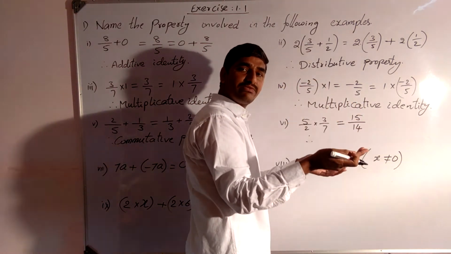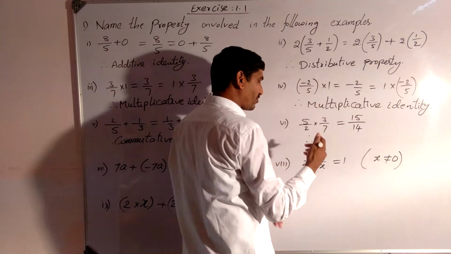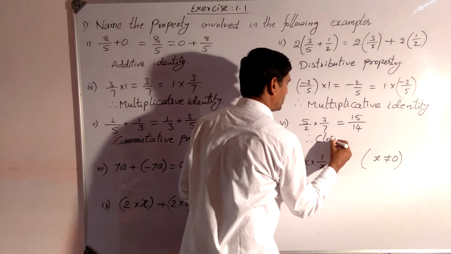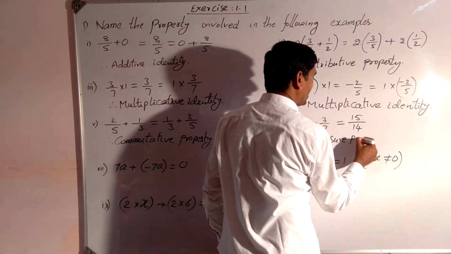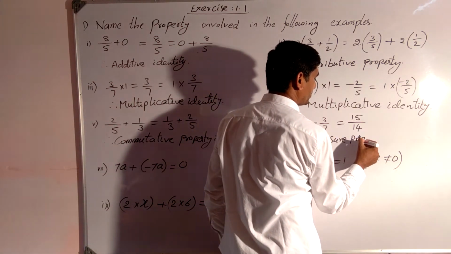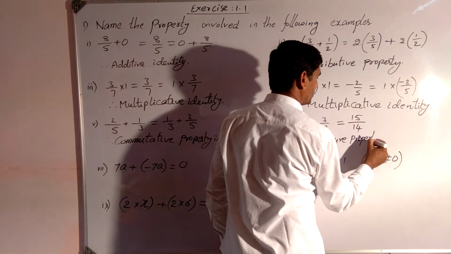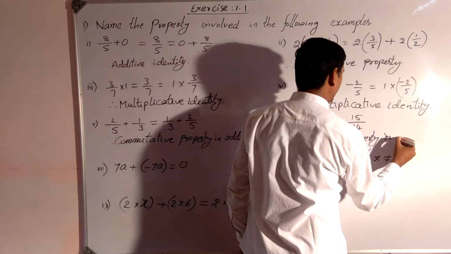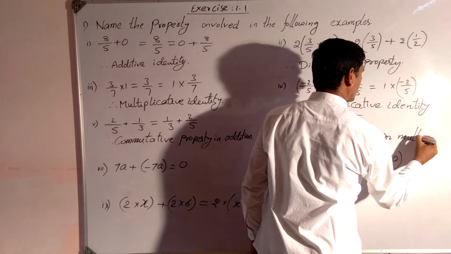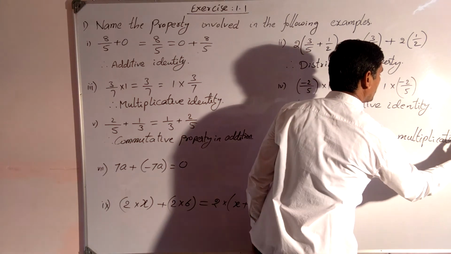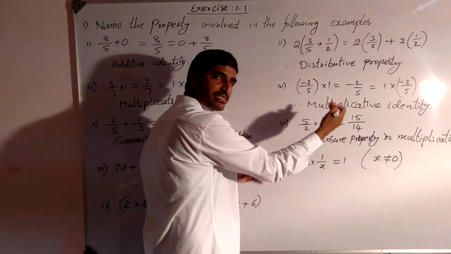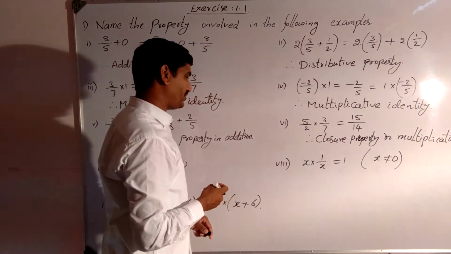Whenever the answer is given, that is closure property. Under multiplication, closure property in multiplication. Here the answer is there, and it is in multiplication.